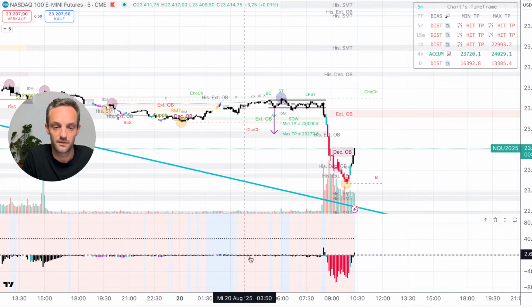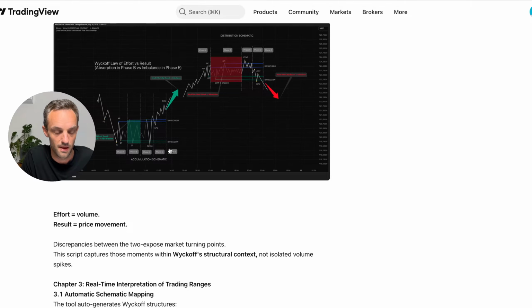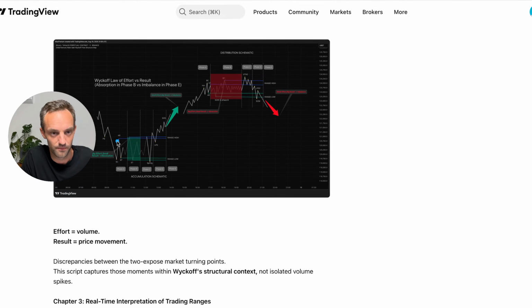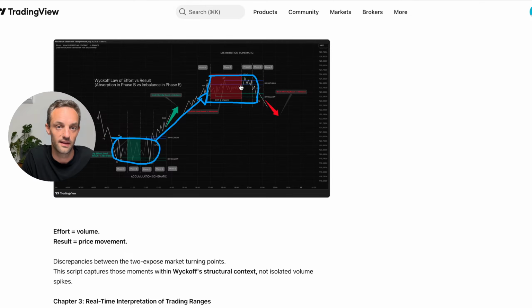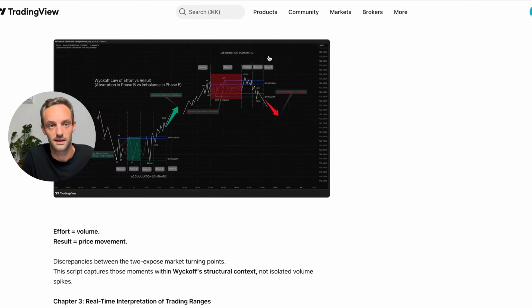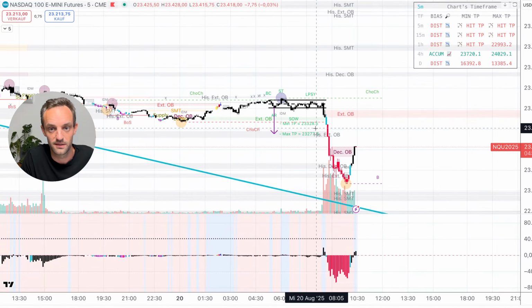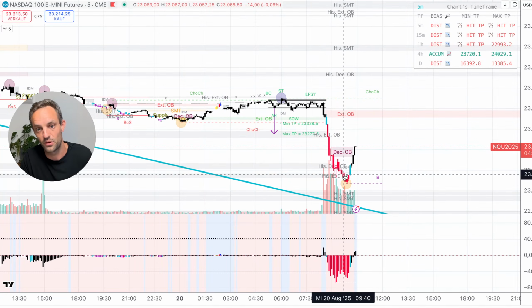This is the idea of the Wyckoff flow structure of how markets move. We always move from accumulation to an uptrend, and then sometimes, of course, we continue to the upside, and if we reverse, it will be a distribution phase, and then we see a downtrend. Currently, the market in the Nasdaq is in a downward impulse.